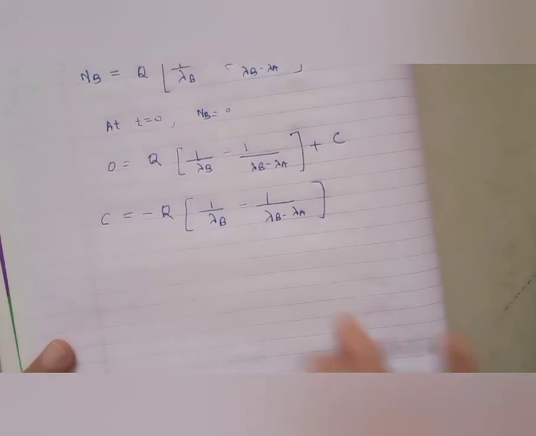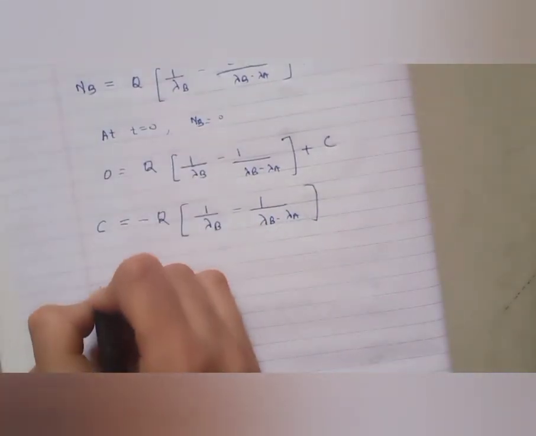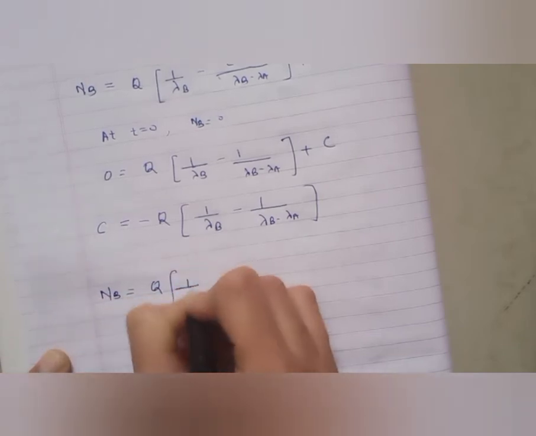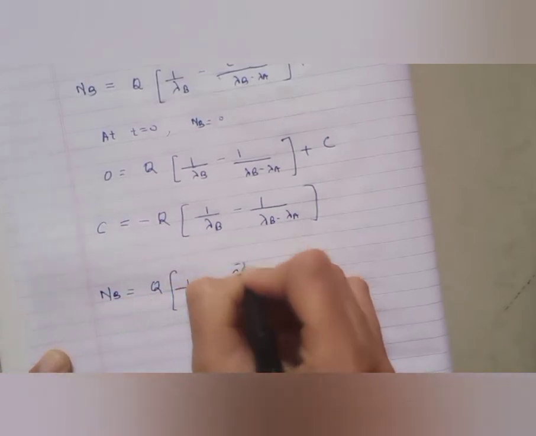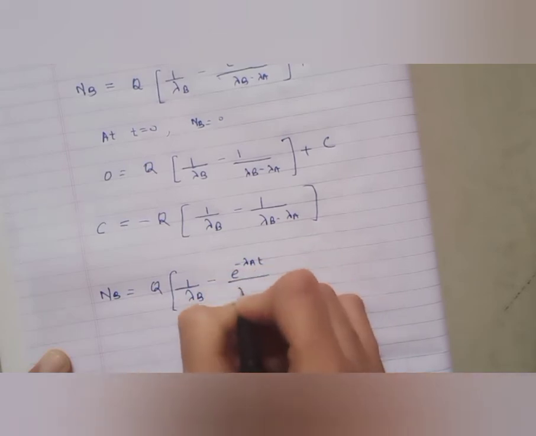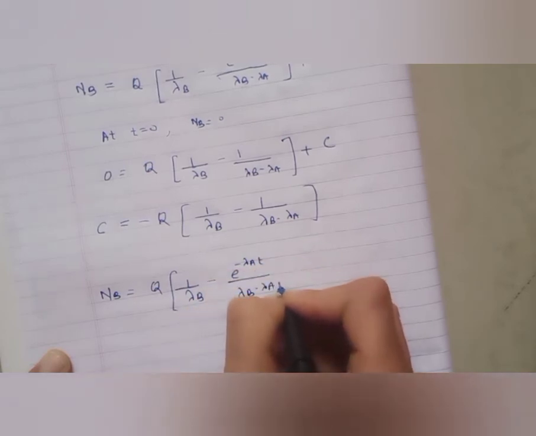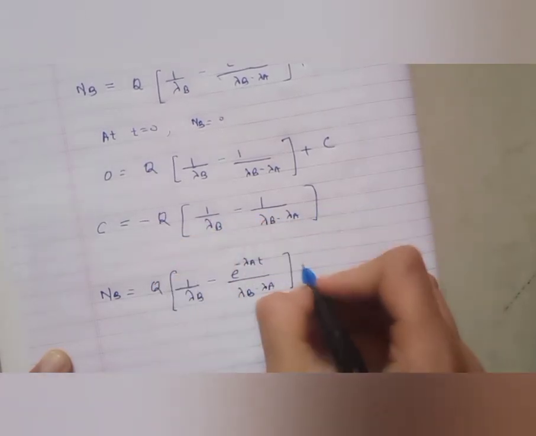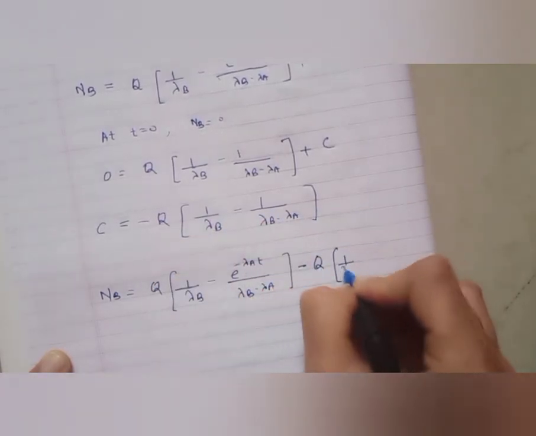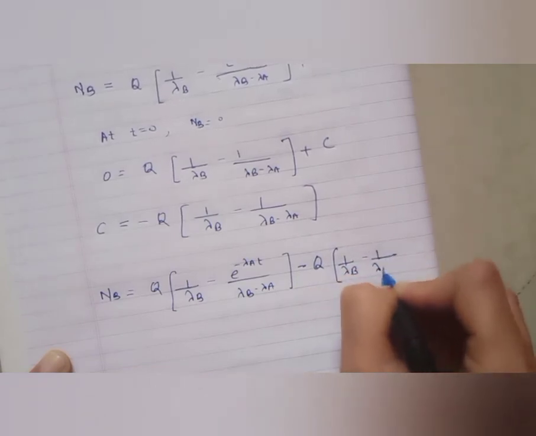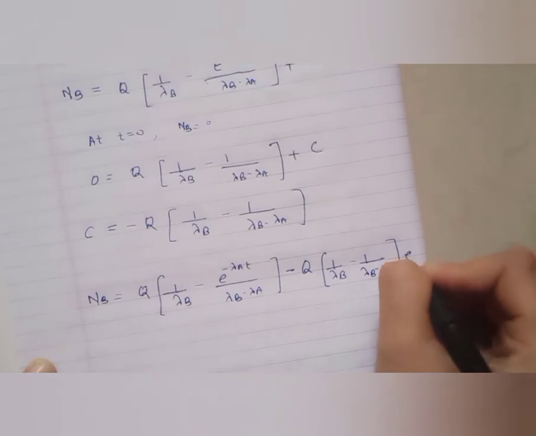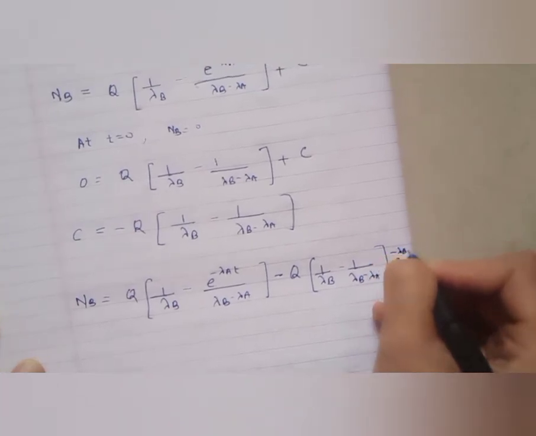I am getting this, right? If I substitute this value here, I will get Nb equals q times (1 upon lambda b minus e raised to minus lambda a t upon lambda b minus lambda a), and the value of c, minus q times (1 upon lambda b minus 1 upon lambda b minus lambda a) into e raised to minus lambda b t.